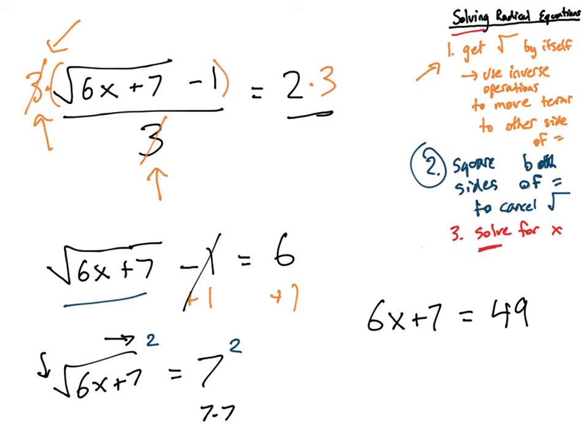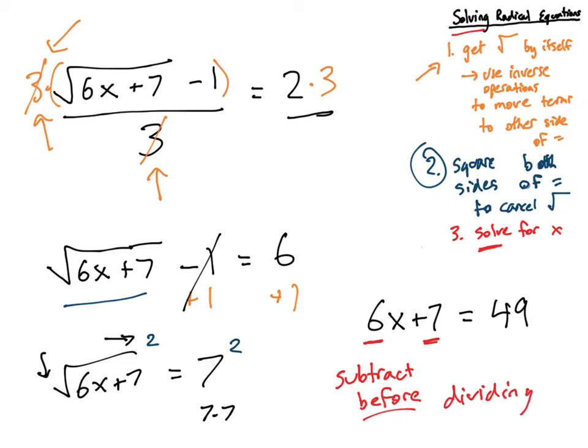If we have a coefficient as well as a number that we're adding or subtracting in our equation, I would recommend that you do the subtraction first before we do the division.